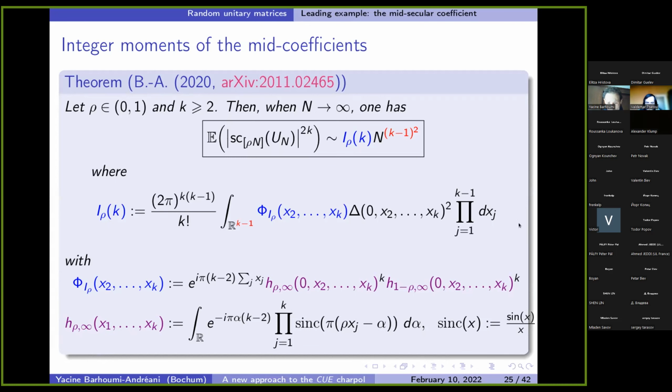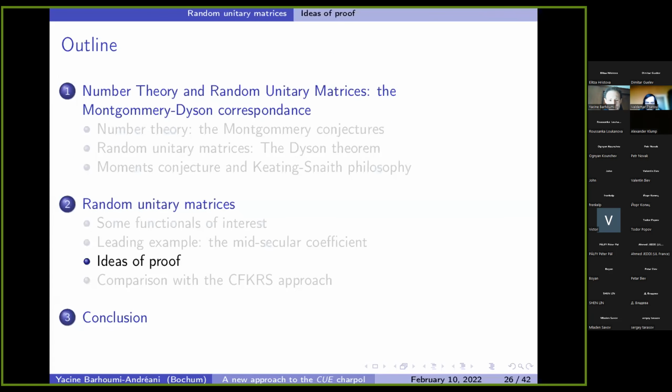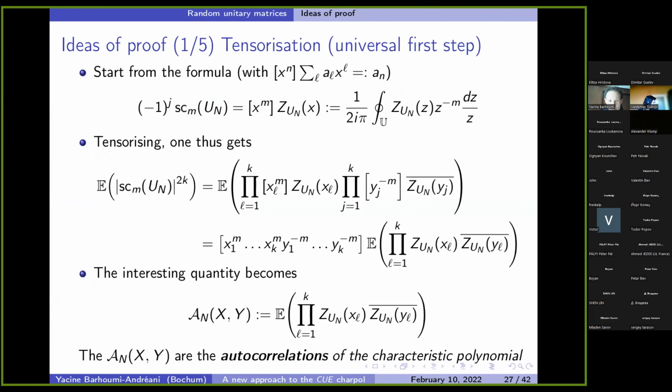Okay, so now very fast, I will give you 5 slides of an idea of how I get this kind of result. I will not kill you with technicalities, but quickly, you start with a tensorization, namely you write the functional as a linear functional of the characteristic polynomial.